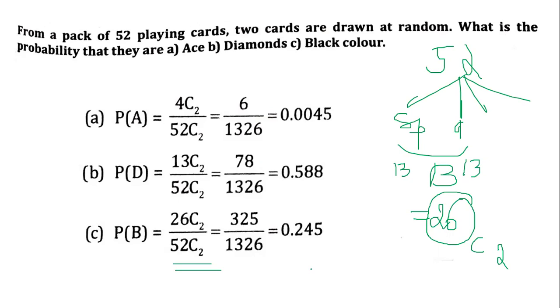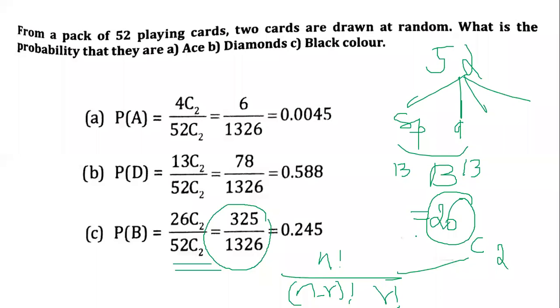Now solve this using the formula n factorial by n minus r factorial into r factorial. If you solve using this formula, then you get the probability to be 325 divided by 1326. Understood the third one? Any doubts in this part?